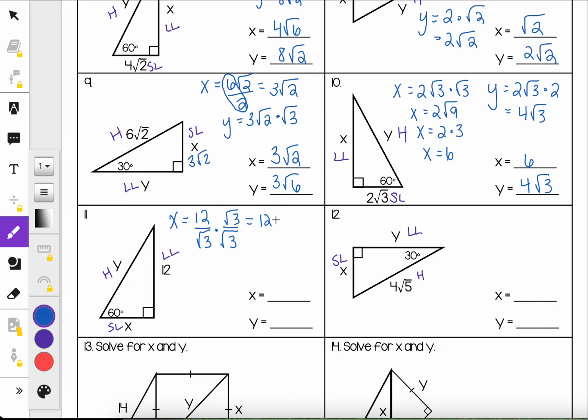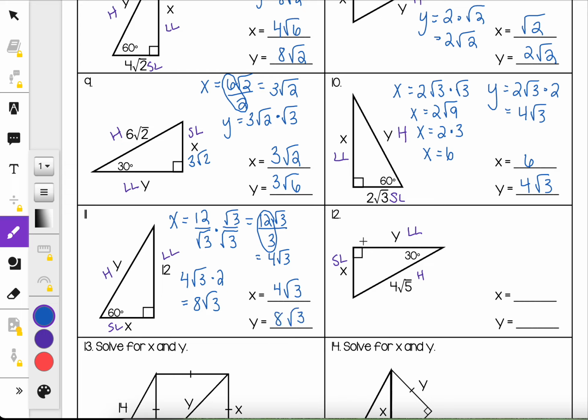So I'm going to have 12 root 3. Now the square root of 3 times the square root of 3 is the square root of 9, like we saw up here, which just simplifies to 3. And then I can divide 12 by 3 to get 4 root 3. And then to find y, I'm going to take my short leg, 4 root 3, times 2 to get 8 root 3.